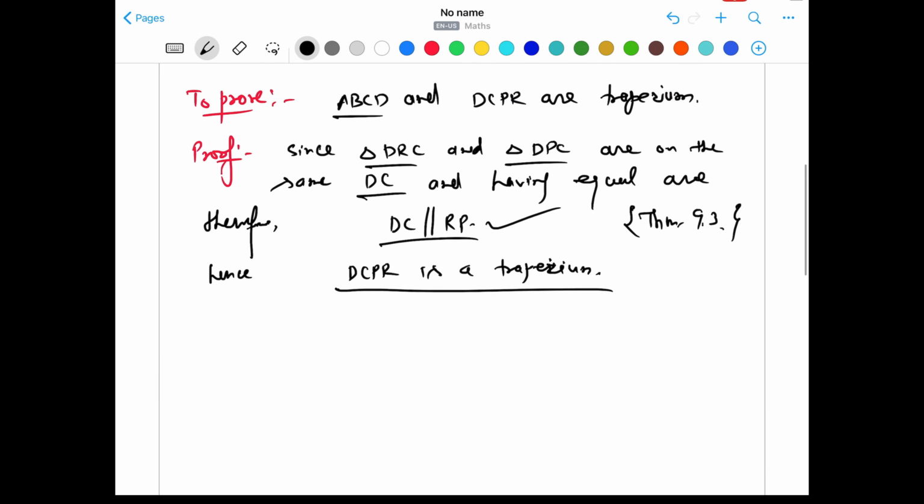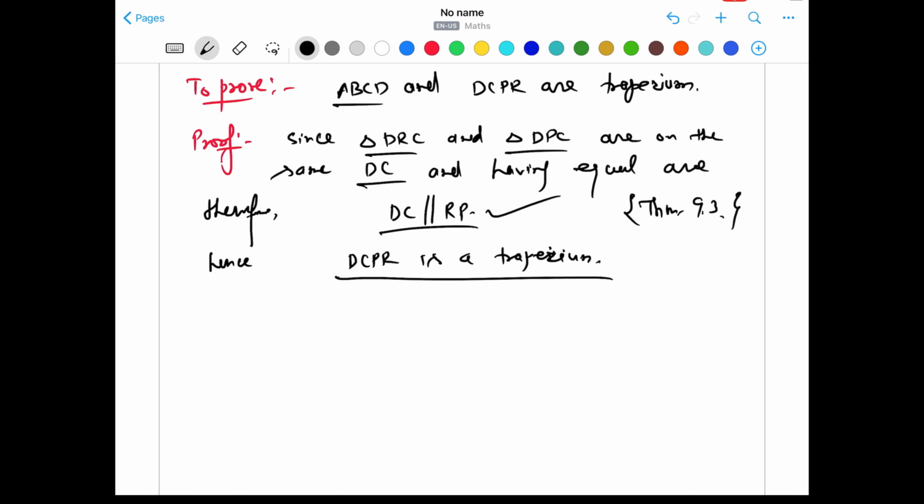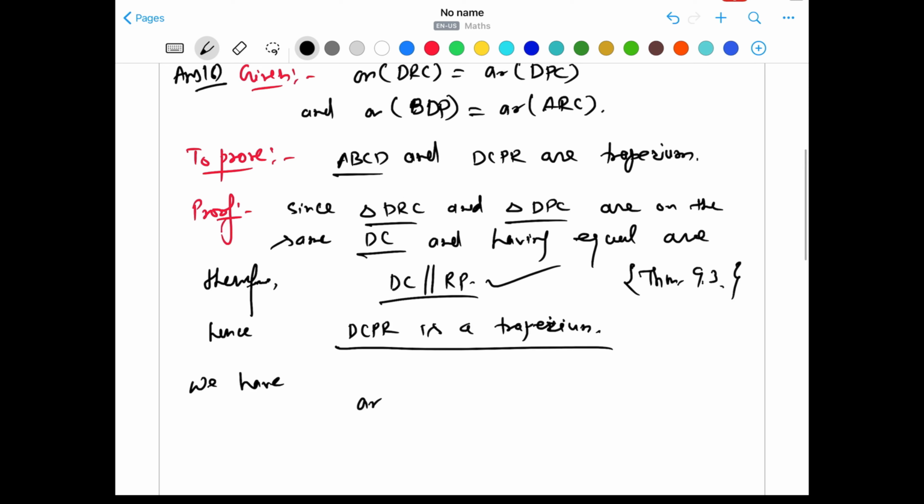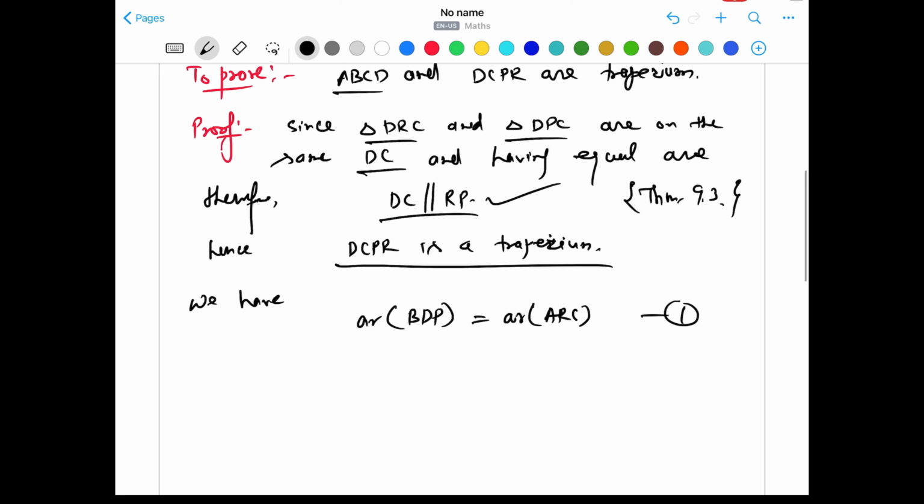For that, what we have here is that we are given in the question that the area of BDP is equal to the area of ARC. Let's name it equation number 1, and this is given. And we also have that the area of triangle DRC is equal to the area of triangle DPC.